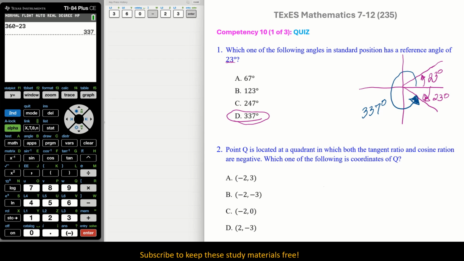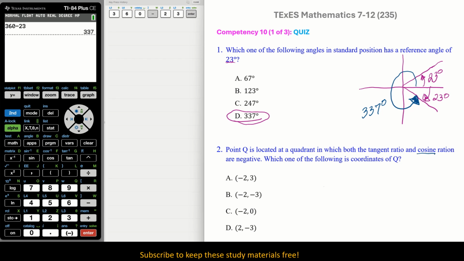Point Q is located in a quadrant in which both the tangent ratio and the cosine ratio are negative. So for the tangent, we have two choices: Q2 or Q4.